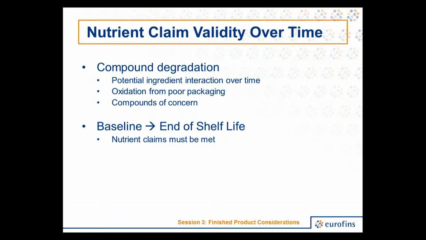Not all of your consumers live in a climate like we do here. I'm in Iowa, and so it's pretty moderate temperatures for the most part. You do sometimes have clients in tropical situations or areas where they might have a higher humidity or higher temperature. So it's important to consider all of those factors as well when you're talking about nutrient claim validity and shelf life over time.